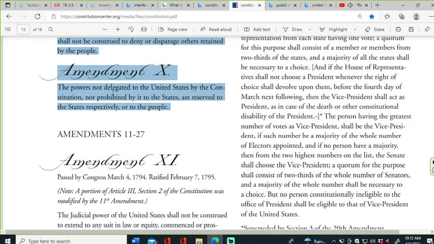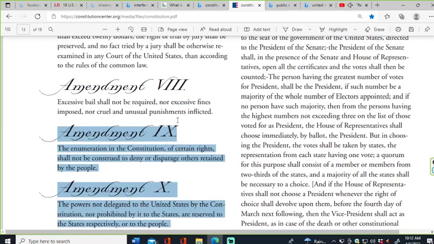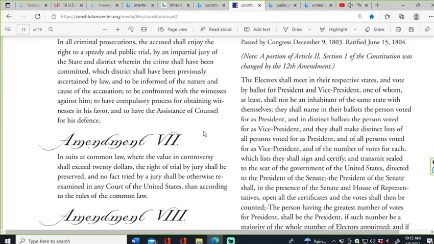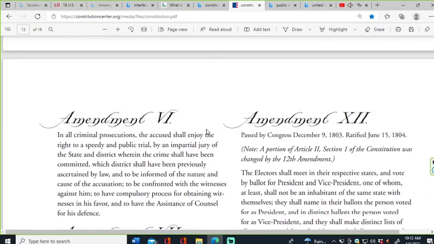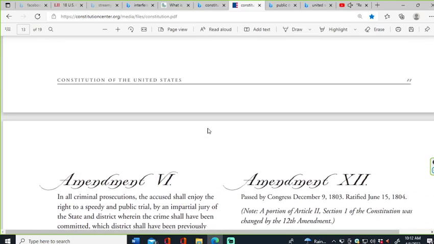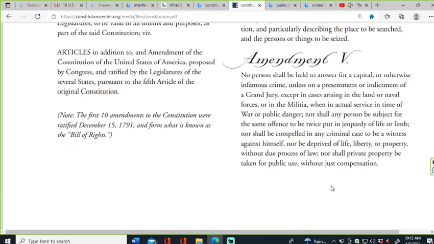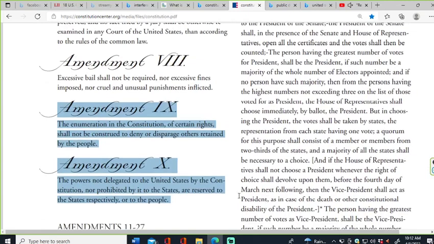Then it says the powers not delegated to the United States by the Constitution, nor prohibited by it to the states, are reserved to the states respectively, or to the people. I want you to understand that as it relates to the 9th Amendment. So anything that's not enumerated in the Constitution.